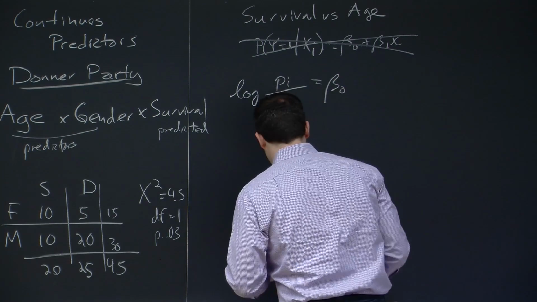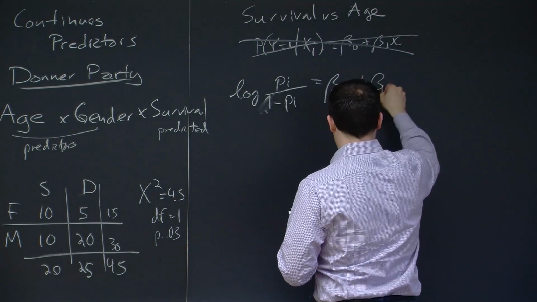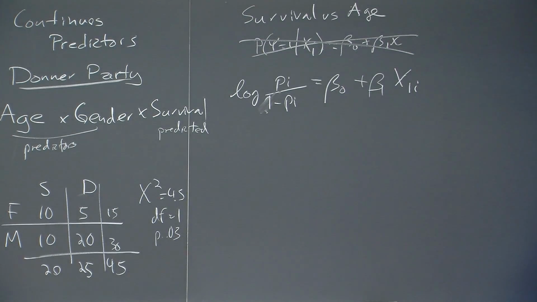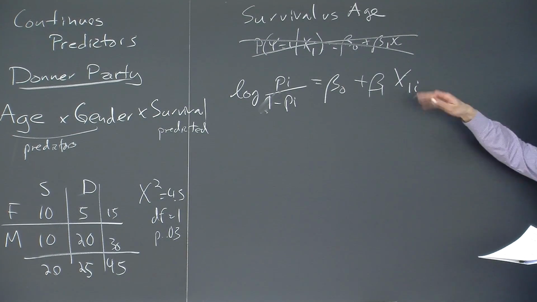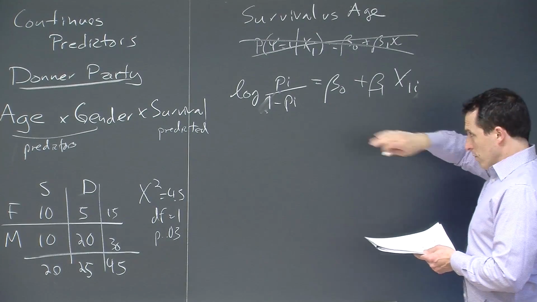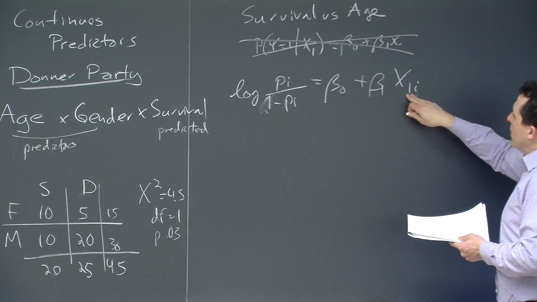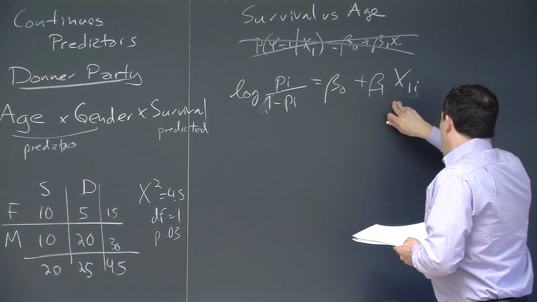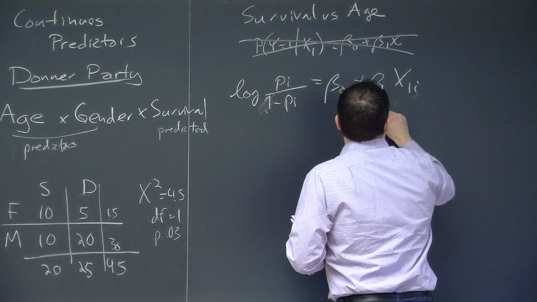Some baseline odds of survival plus a variable, call it x1 i, I being the individual, or the row in the table if I've grouped them. And this is going to be the age. So now we want to think about this as being continuous.